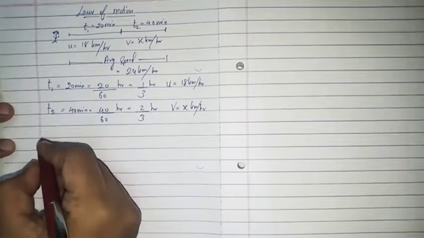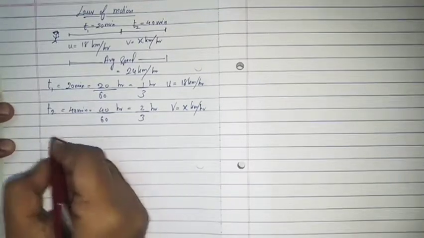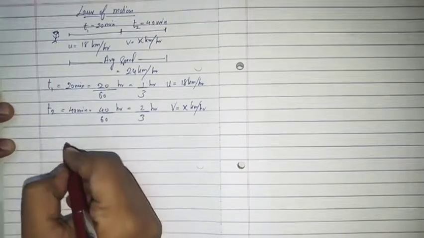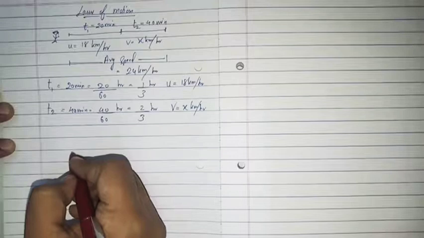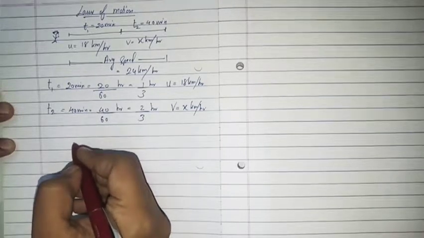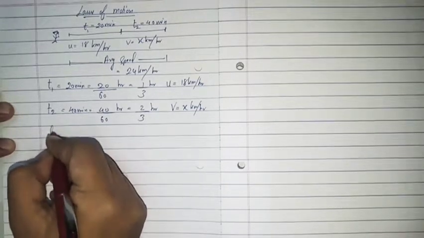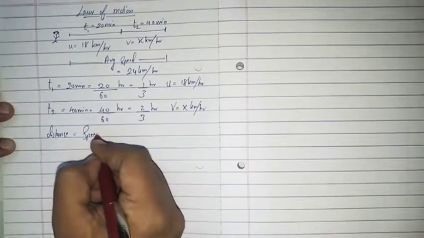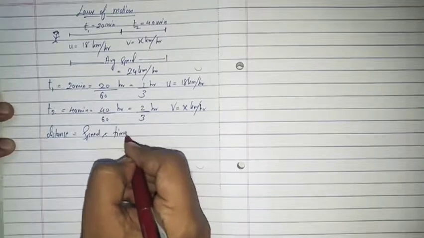Done. So chalo, next one is, speed is equal to distance upon time, right? Speed equals distance upon time. So what is distance then? Distance equals speed into time.